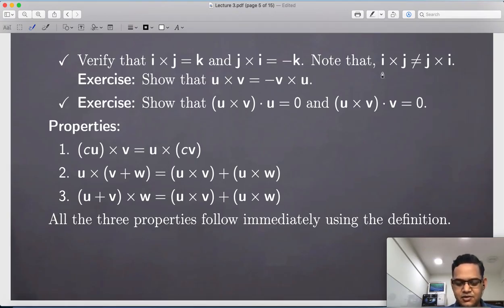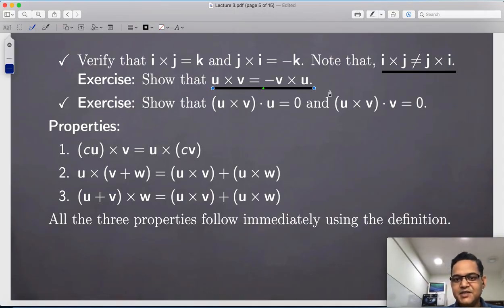These two examples are just to illustrate that u cross v is not always the same as v cross u. But what is it? It actually gives you that there is a minus sign. So this here is a particular case which is telling me that i cross j is the same as minus of j cross i.